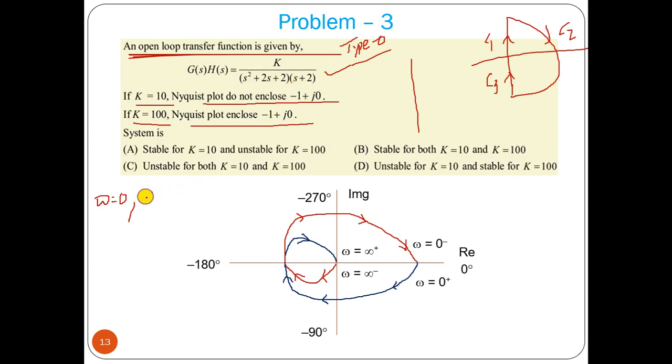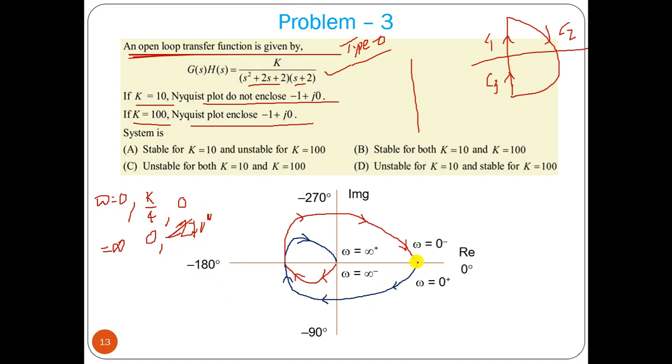So, the magnitude becomes k by 4 and the angle will be 0 degrees. If we put omega equal to infinity, something by infinity comes as 0, and the angle becomes minus 90 for each pole. Here there are 2 poles, so that will be minus 270 degrees.